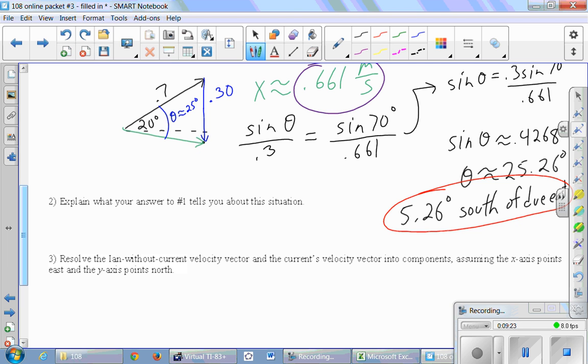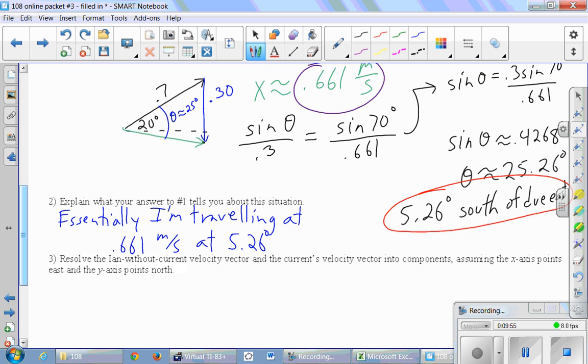So it tells me basically that the total effect of the two vectors here, me swimming off at an angle and then the current pushing me straight south, is that essentially I'm traveling not entirely under my own free will, but I'm traveling at a speed of 0.661 meters per second at a direction of 5.26 degrees south of due east. Part of that is my own free will, but part of that is the current pulling me due south.